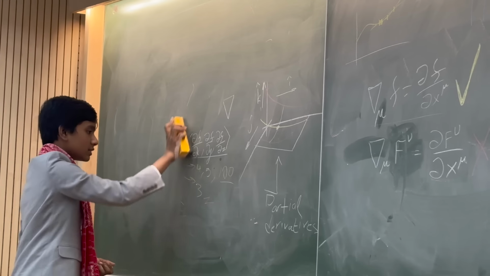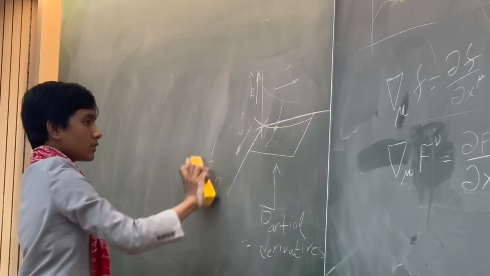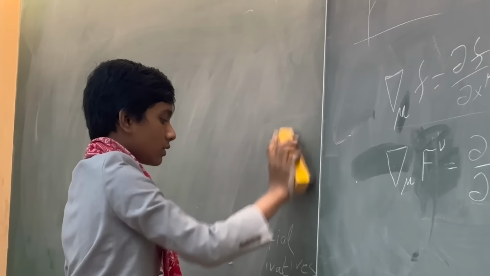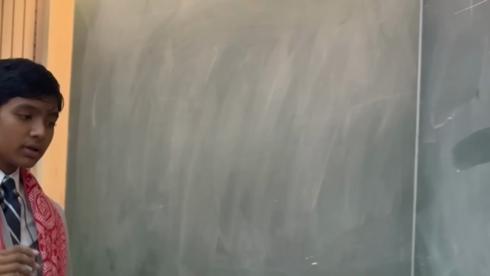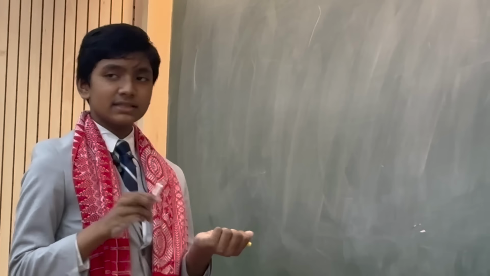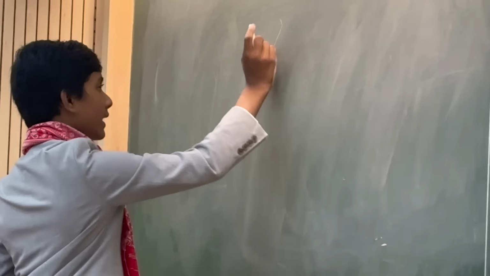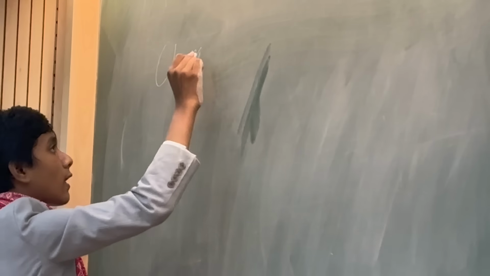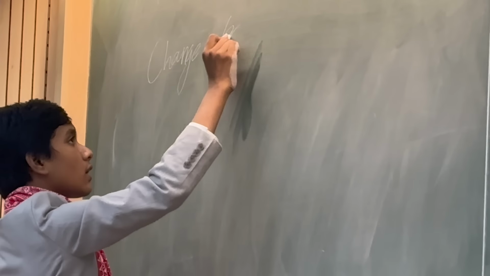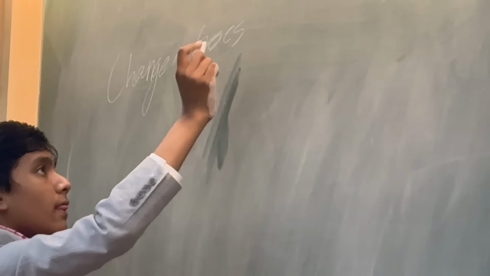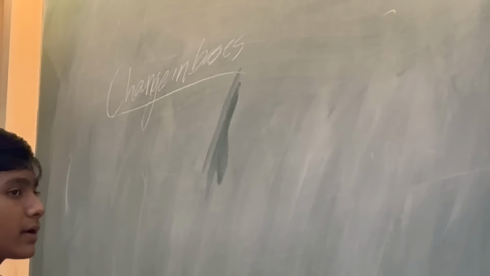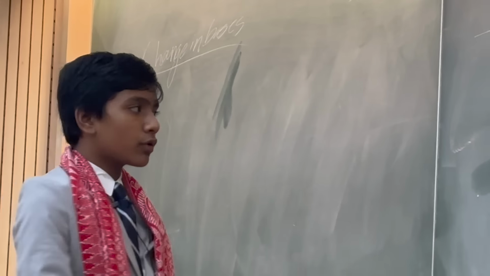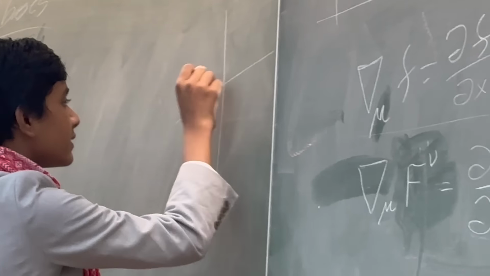So erase this. So what's wrong with our assumption is actually something very, very simple. It doesn't account for the change in basis vectors. Because, of course, Cartesian coordinates, this perfectly works.